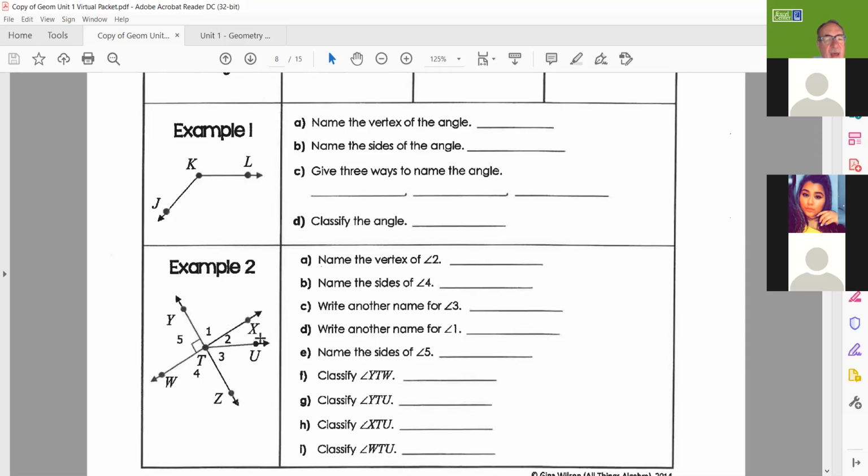What I mean by that is if you ignore this ray here from T through U, what you have in this intersection here is 4 right angles. And 2 and 3 are splitting this right angle into something less than a right angle. But you put them back together, it's still a right angle, because if 5 is a right angle, 1 has to be a right angle.